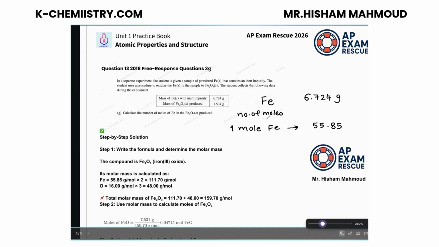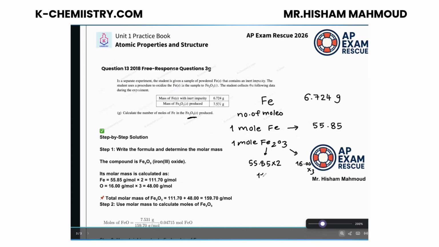And you are not looking for the Fe alone, you are looking for the Fe₂O₃ number of moles. So the mass of 1 mole of Fe₂O₃ is found like we did before. We multiply the 55.85 by 2, and the oxygen 16 by 3.